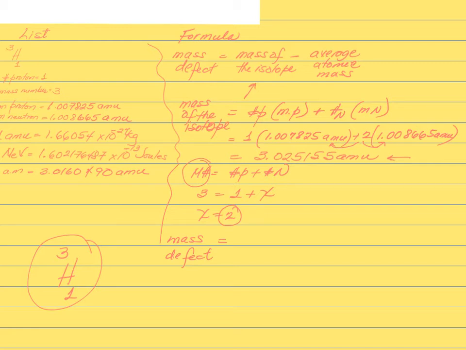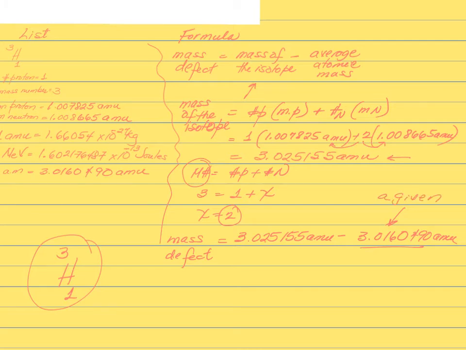Mass defect. So the mass of the isotope, 3.0169 AMU minus 3.0160490 AMU. Ms. Ramos, where is this number coming from? It was a given in the problem.